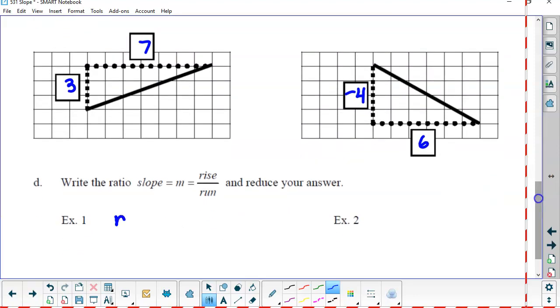So here the slope is 3/7. Can't reduce it. Here the slope is -4 over 6, which reduces to -2/3. Okay? Down and to the right, negative. So that confirms that you should have a negative slope. Okay?